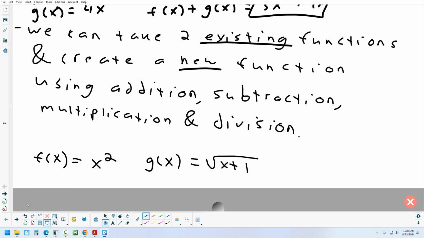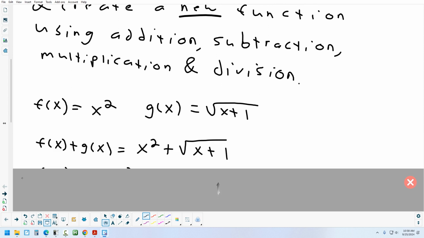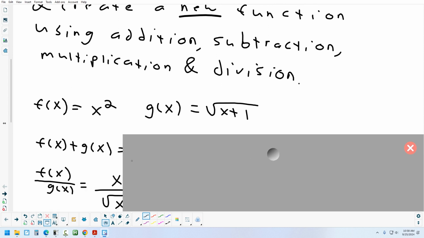Okay. So let's use these two functions, x squared and the square root of x plus 1. Okay. First of all, those are not like terms. Like terms would be like if you had x squared here and like 2x squared here. Okay, you've got a square root. So I want to take those two functions and I want to combine them together by adding them.